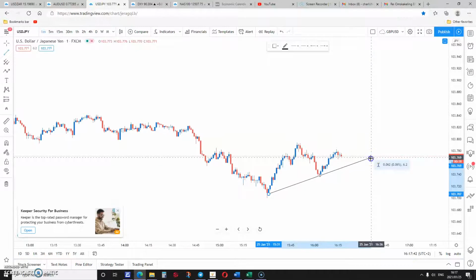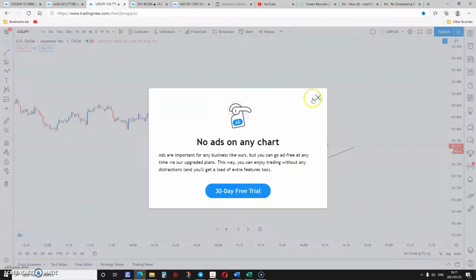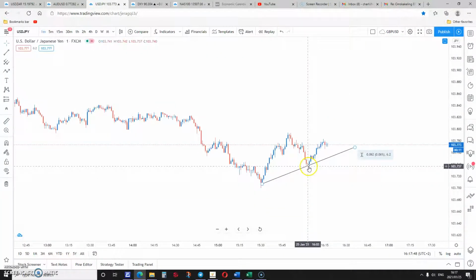So 2 or more low points, 2 or more high points, 1, 2.